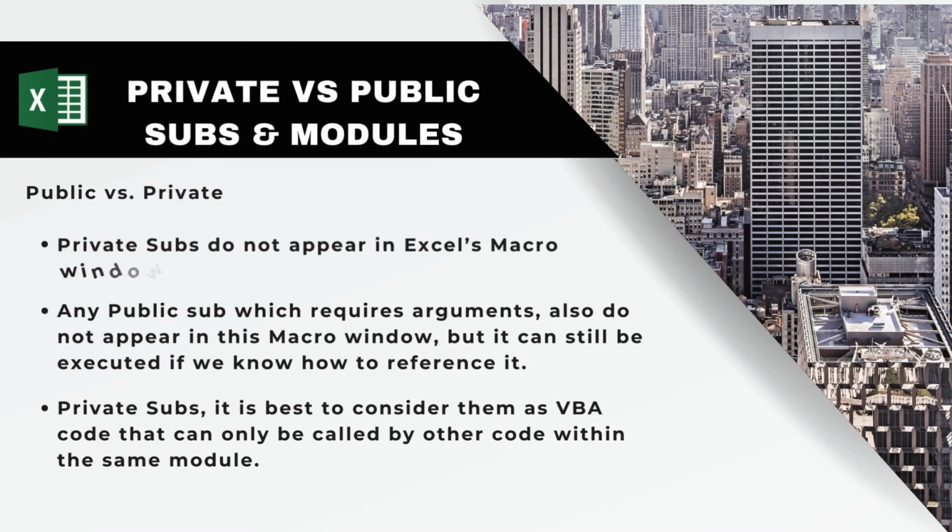All right. So in a nutshell, what we are dealing with here is public versus private. Public subs do not appear in Excel's macros window. Any public sub which requires arguments also does not appear in this macro window, but it can still be executed if we know how to reference it.